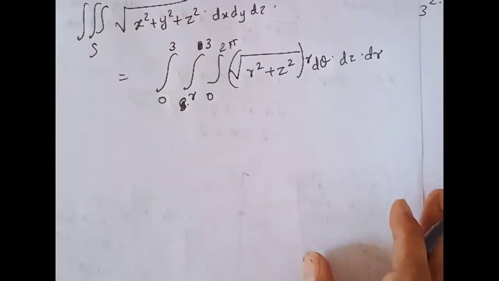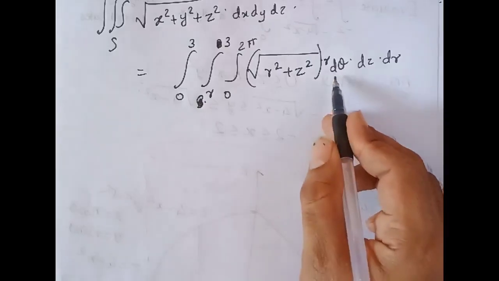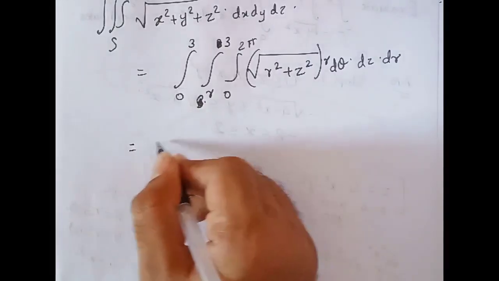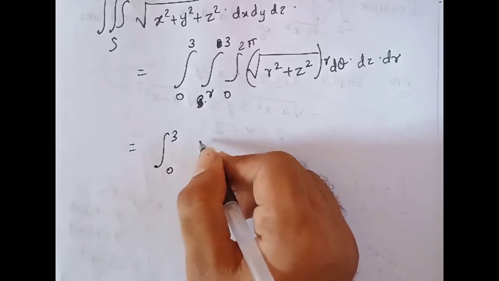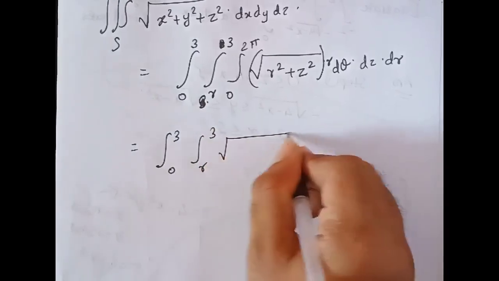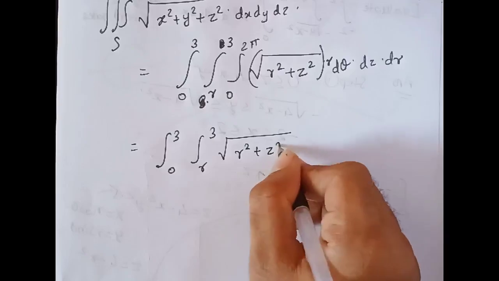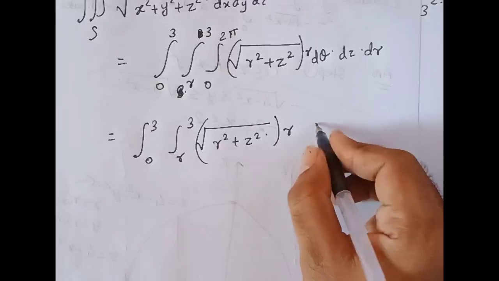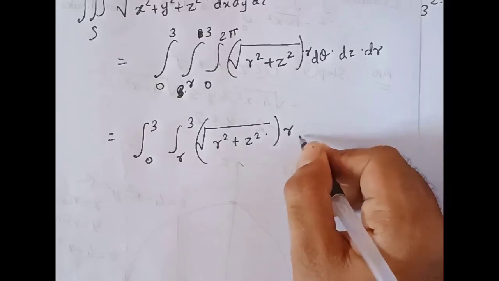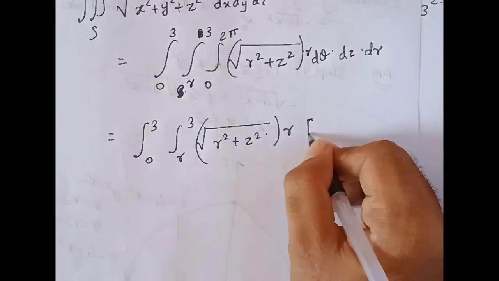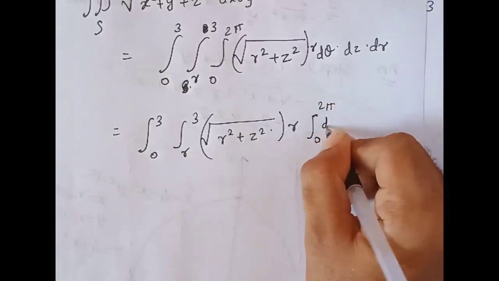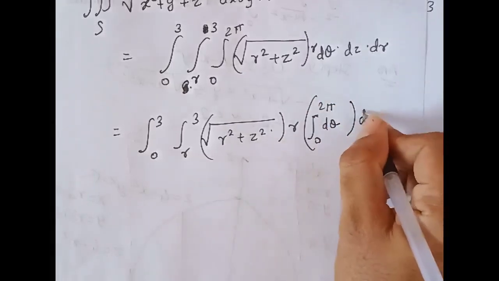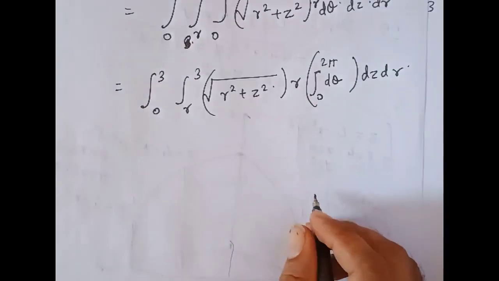The next step is we will integrate one by one. So first integral is theta. So this converts to the integral from 0 to 3, from r to 3, of square root of r square plus z square multiplied by r, and then the integral from 0 to 2 pi of d theta, dz, dr, right?